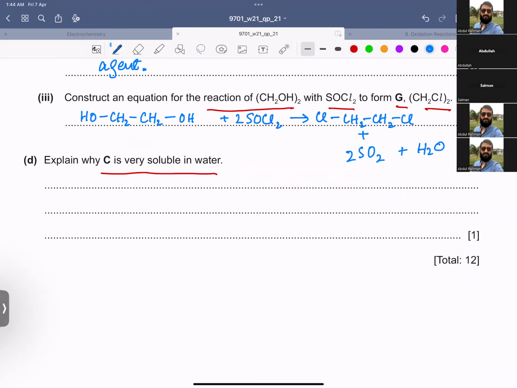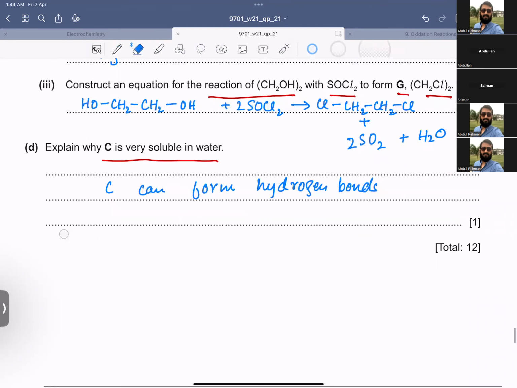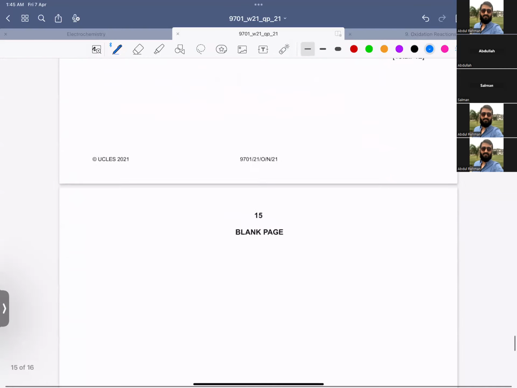So I can write that C can form hydrogen bonds. Okay, we have to mention that it is getting dissolved in water, so it can form hydrogen bonds with water. And that's it. Here we have ended the paper.